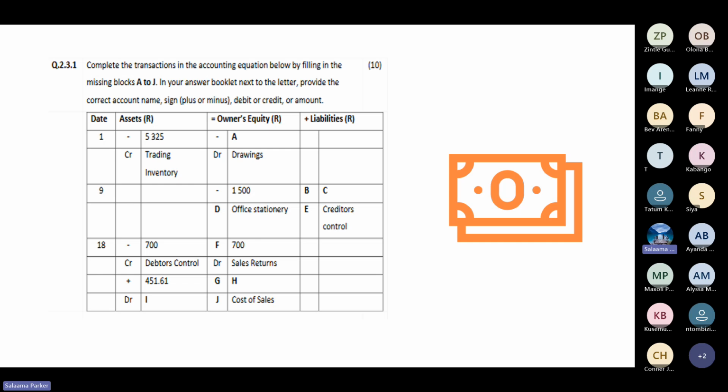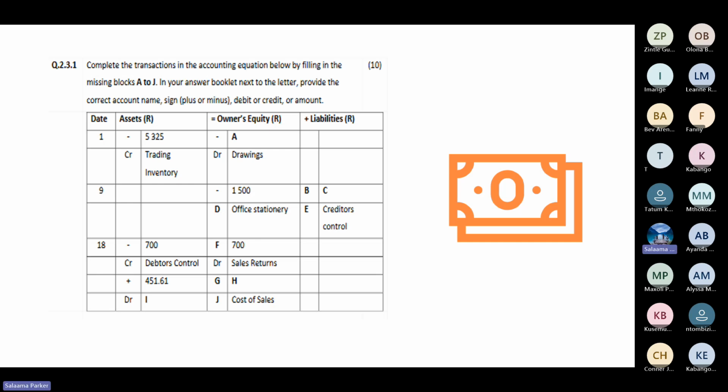So this was debit drawings, credit trading inventory. And we know that the accounting equation must be in balance. So if I've got a minus 5325 here, what am I going to have for A?